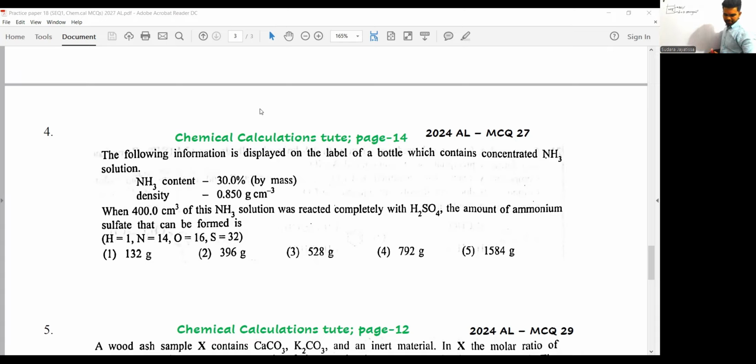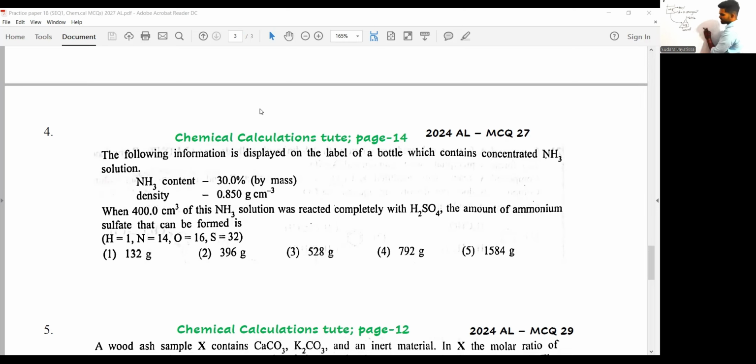From this ammonia solution, you take 40 cubic centimeters, and then you react that completely with sulfuric acid. The word titrate is not there, but anyway, this is what we are doing.